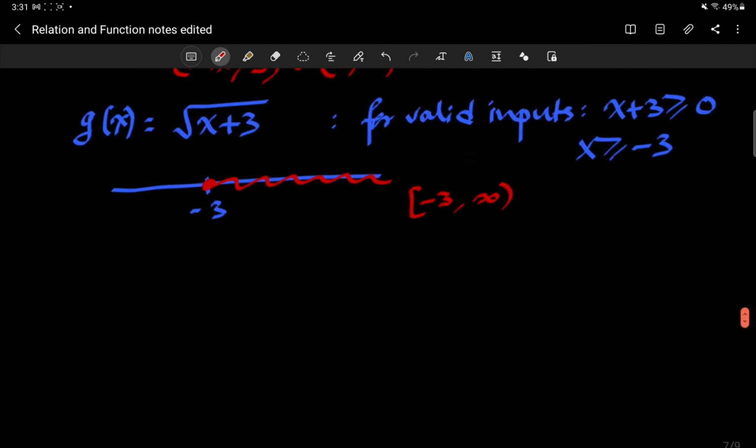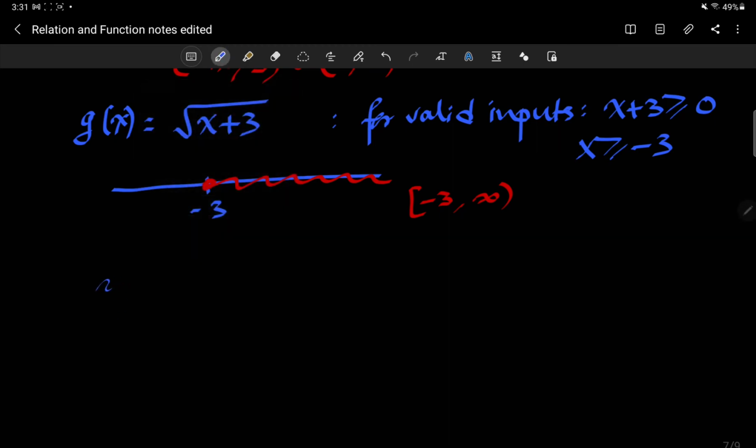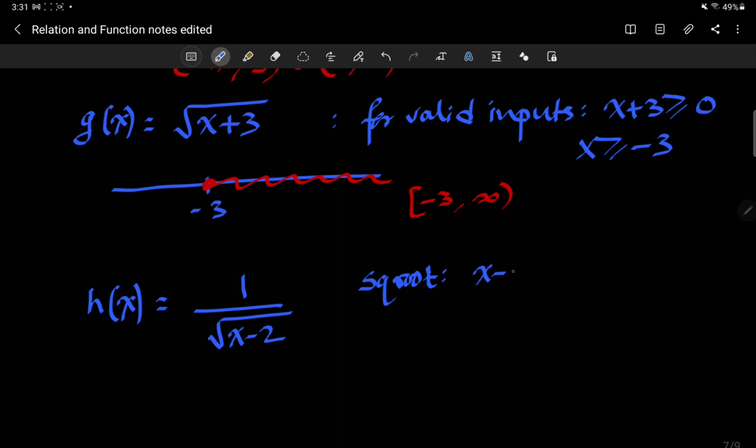Now you may have a complex example of, say, a square root divided by a square root. So here you have to be careful. First, because of the square root, you need x minus 2 to be greater than or equal to 0.